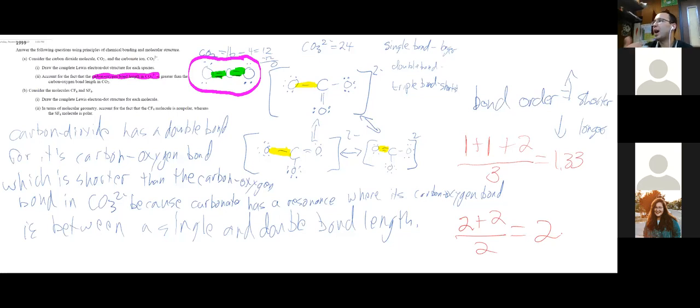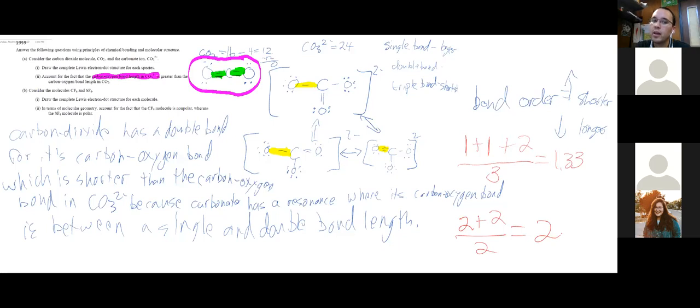So you can use bond order instead of having to do all of this explanation about single bonds and double bonds. You could just say the carbon-oxygen bond in carbon dioxide has a bond order of 2, which is larger than the carbon-oxygen bond in carbonate, which has a bond order of 1.33.